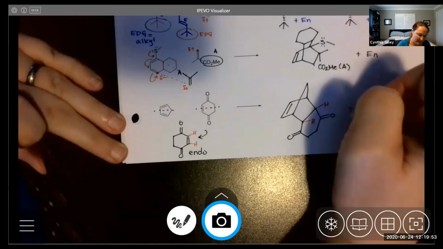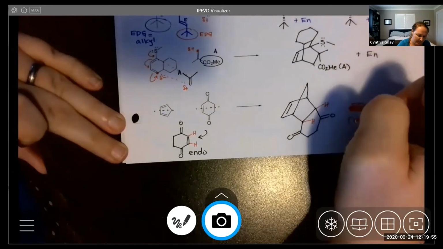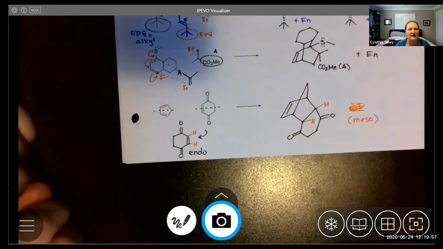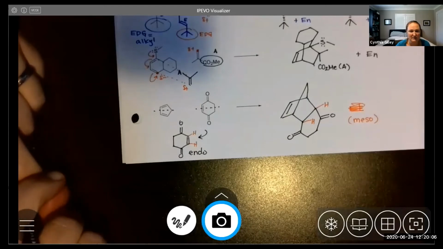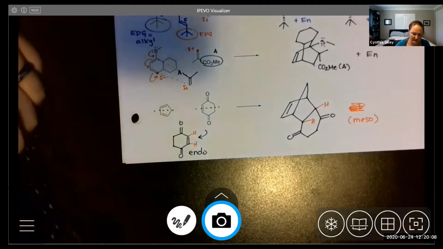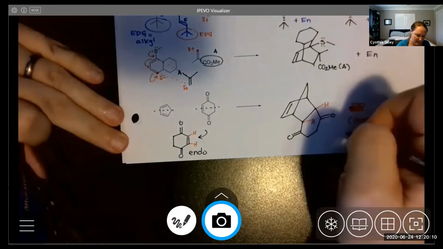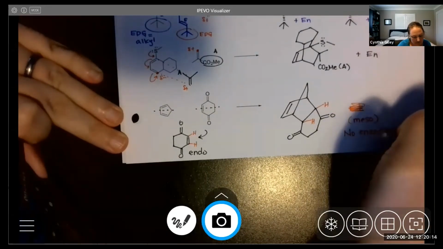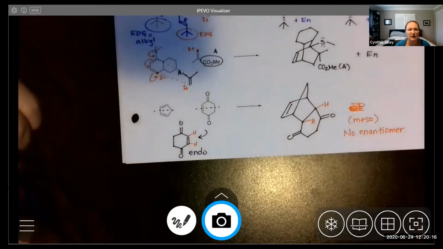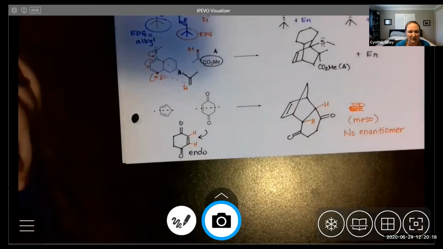Oops, sorry. This is meso. It has an internal plane of symmetry. Are there chiral centers? Yes, but they're completely canceled out through an internal plane of symmetry. Meso, it does not have an enantiomer. Meso compounds are achiral, even though they have chiral centers.